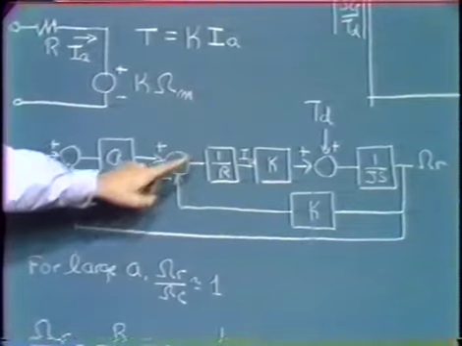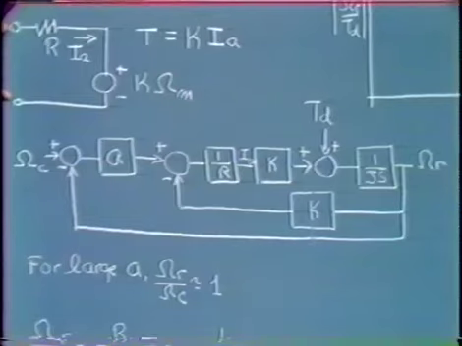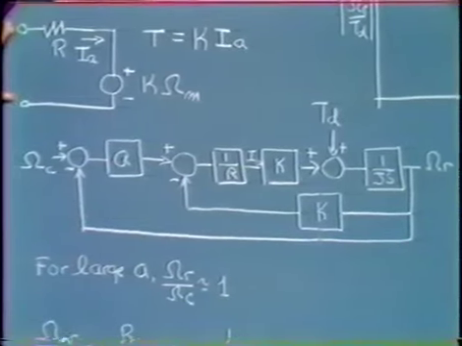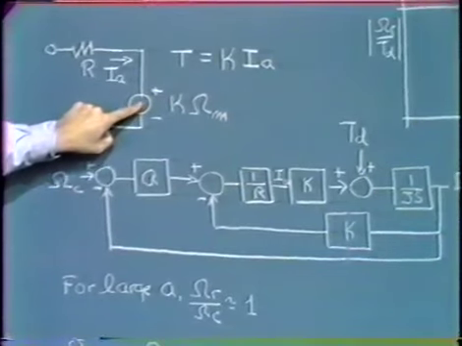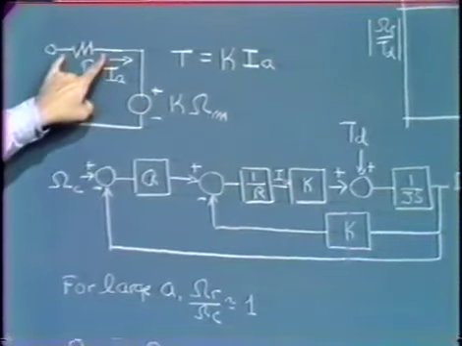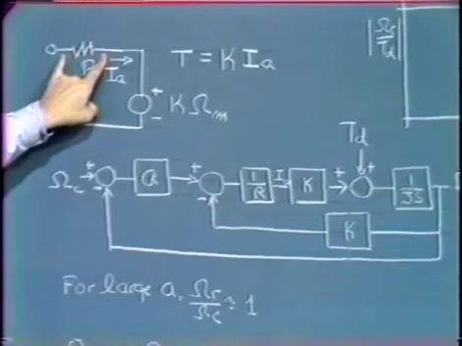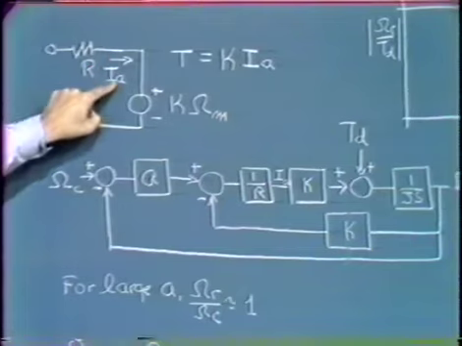Well, how do we find the armature current? The armature current is equal to the voltage that we apply to the motor terminals minus the voltage of the back voltage generator. That difference is the voltage across this resistor. And if we divide that voltage by the value of the resistance, we get the armature current.